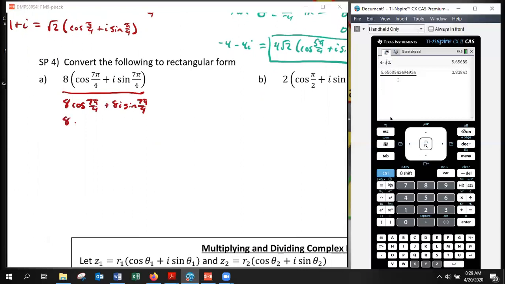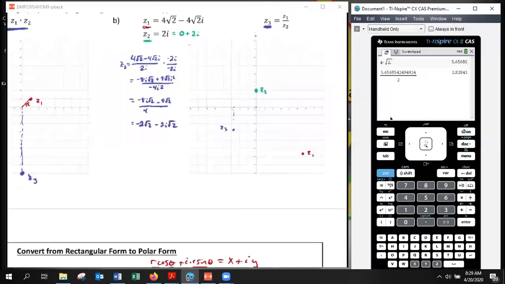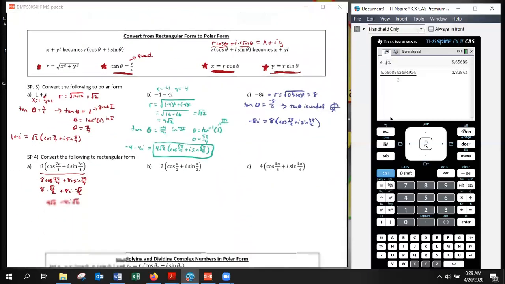So that'd be 8 times, cosine's positive, so square root of 2 over 2. However, sine is negative, so 8i times negative square root of 2 over 2, which gives us 4 square root of 2 minus 4i square root of 2, which, if you notice, is what we had in part B over here. So that was our z1 from part B.